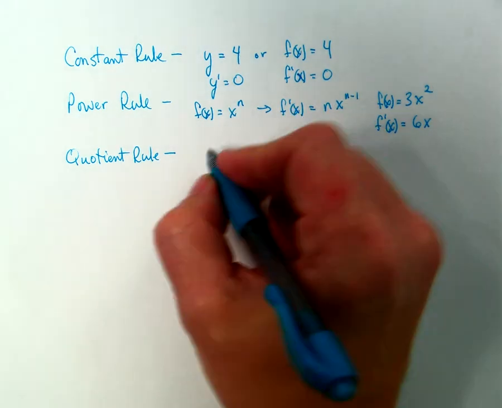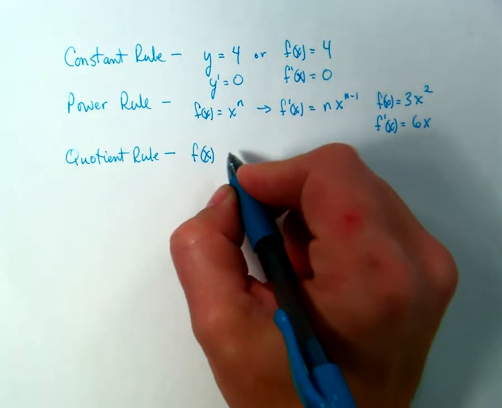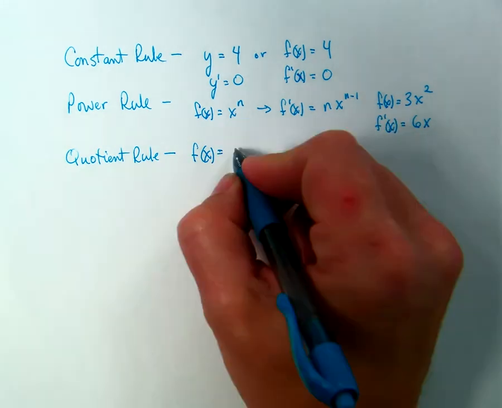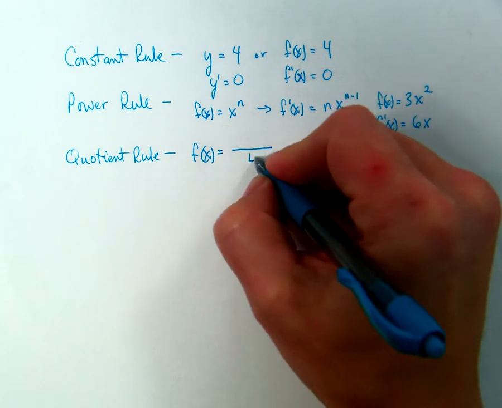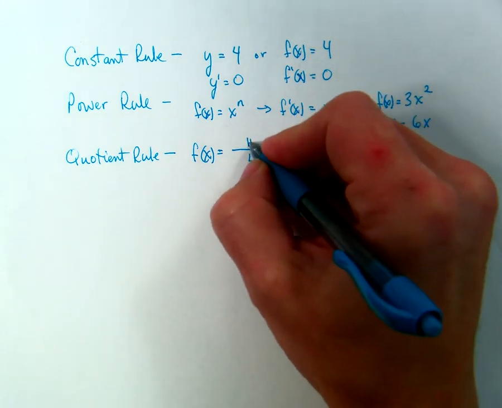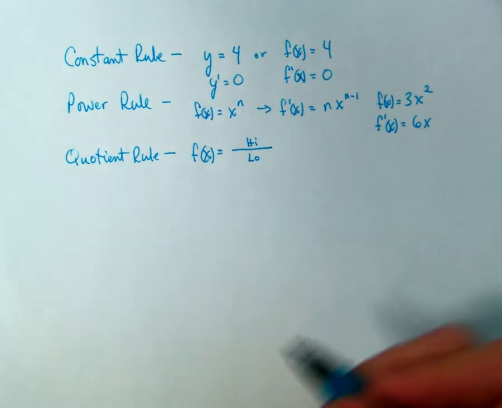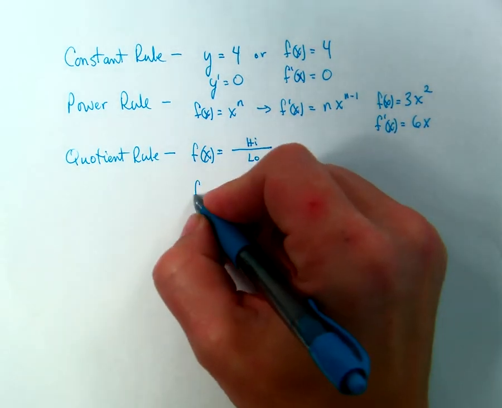Quotient rule, we kind of have this little saying that we've been using. Let's say we've got low and high. Whatever function's on the bottom, whatever function on the top, we'll call it low and high, because our little saying goes like this.